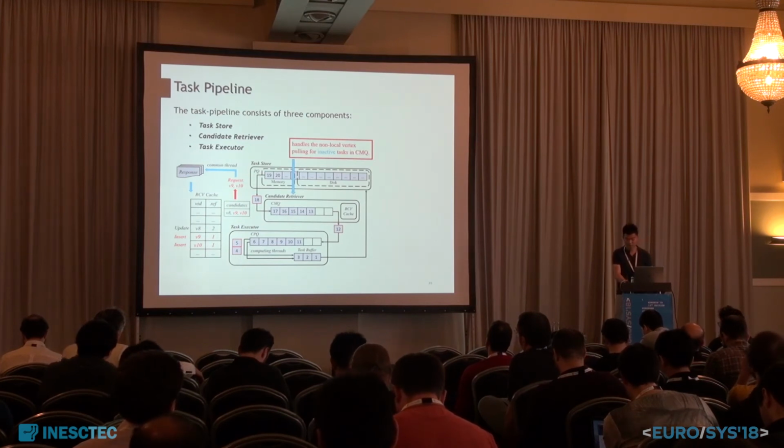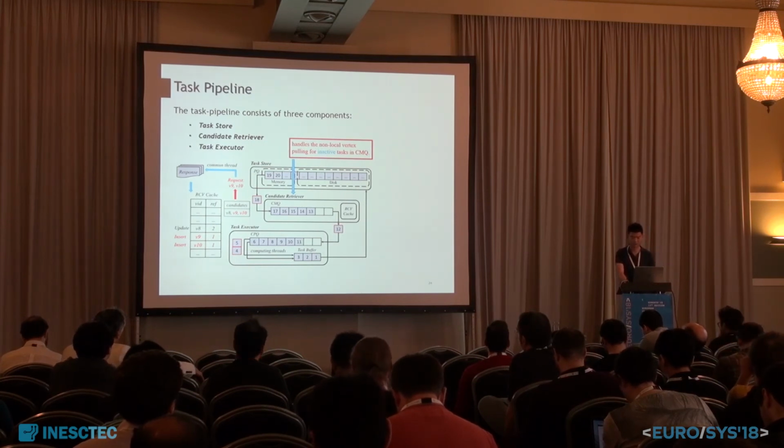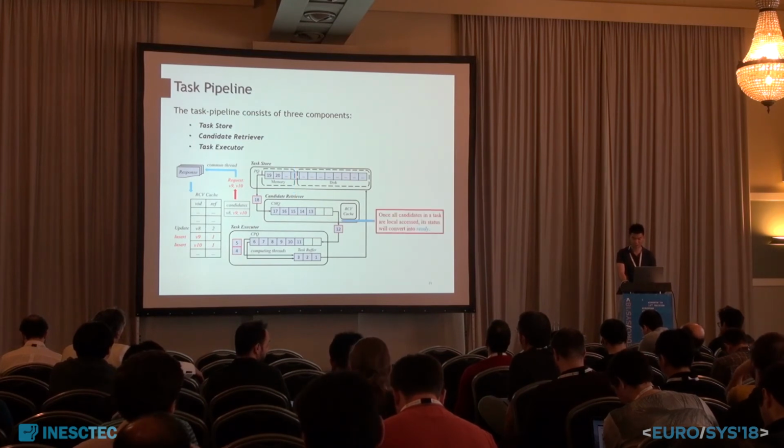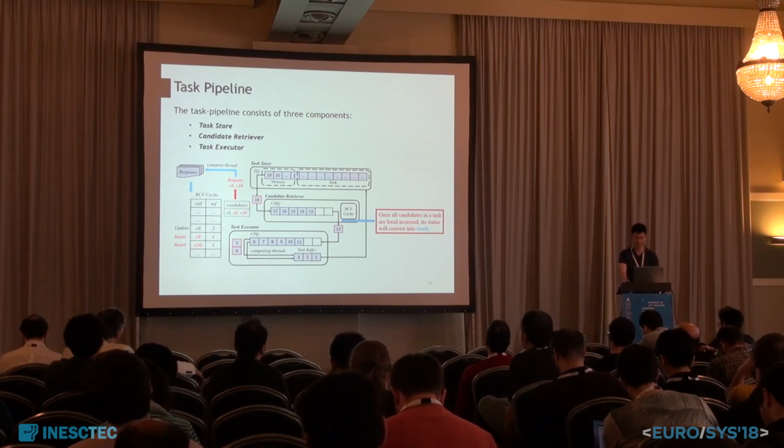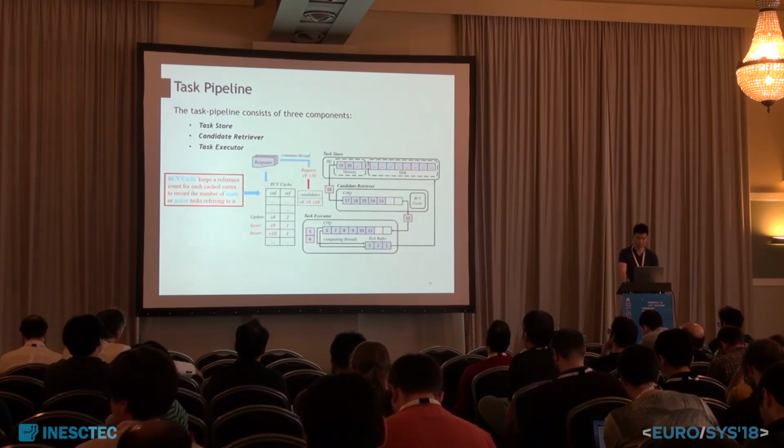And the candidate retriever pulls all non-local vertices over the network. Once all the non-local vertices have been pulled back into the local machine, which means that this task is ready for the next round, we will pop this task out of the candidate retriever queue to the next queue.